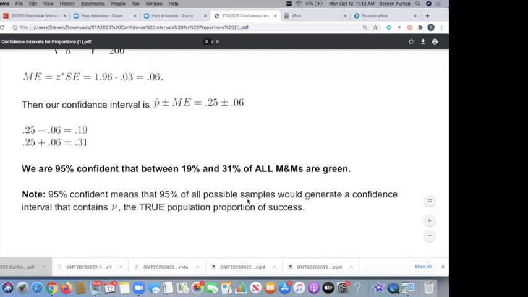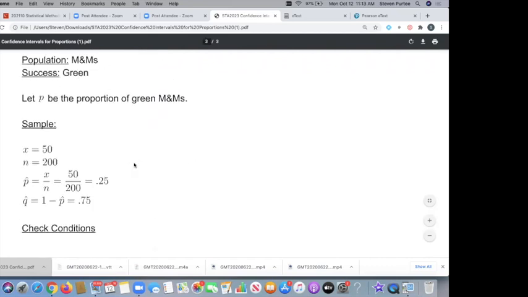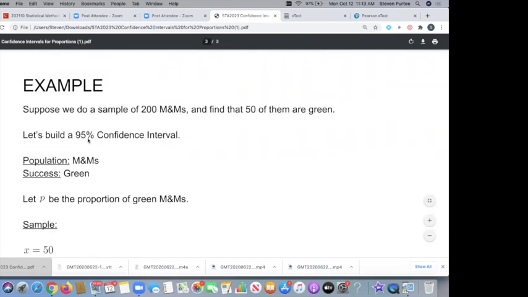So I want to really emphasize this sentence here. We're building a 95% confidence interval because that's what the question asked for. That does not mean 95% of M&Ms are green. That clearly doesn't make any sense. If you write a sentence and you say 95% of, you're wrong. Your sentence is wrong.